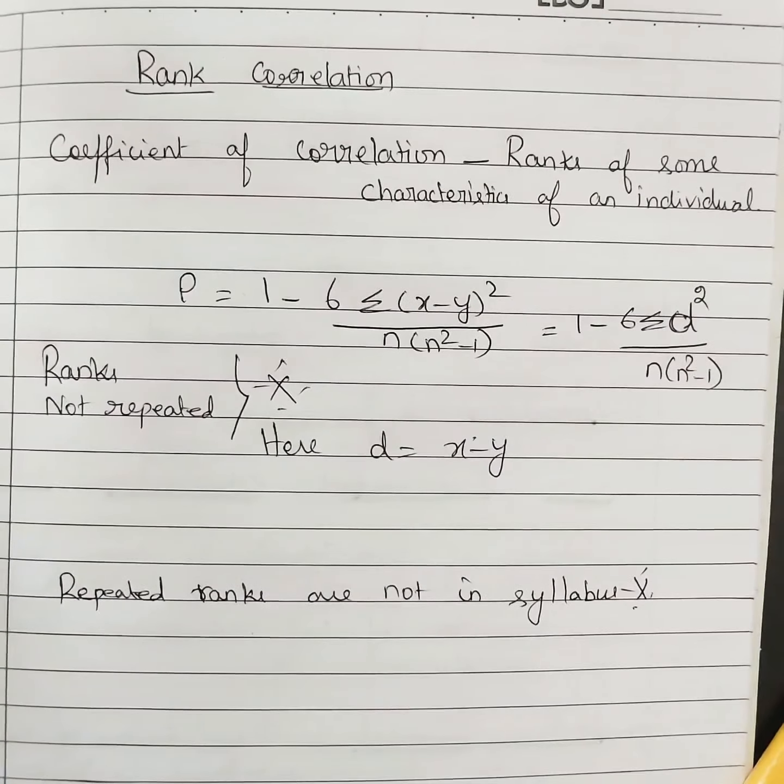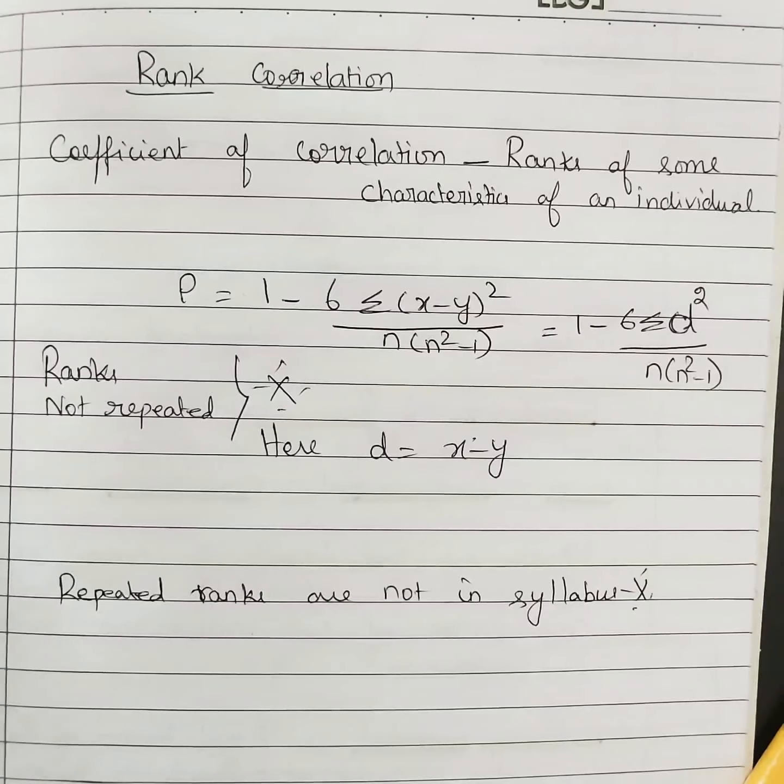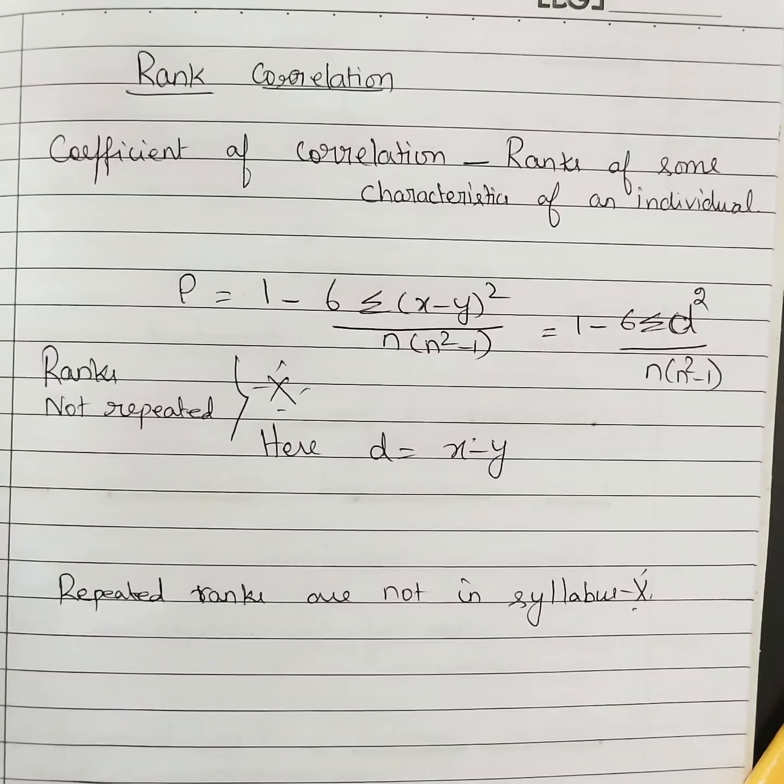Hi. In this video, let's study rank correlation. Say, given a set of values x1, x2, etc. up to xn of a variable x. Suppose we assign on some basis the numbers 1, 2, etc. up to n to these values, so that each xi is assigned to one of the numbers 1, 2, 3, etc. up to n.